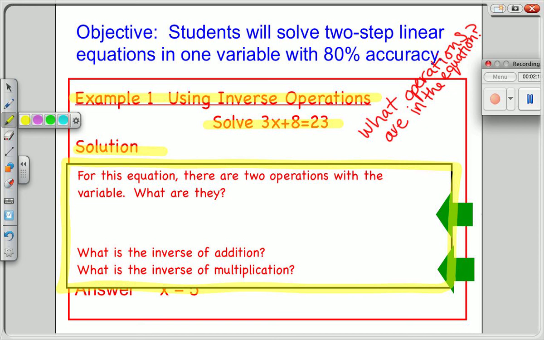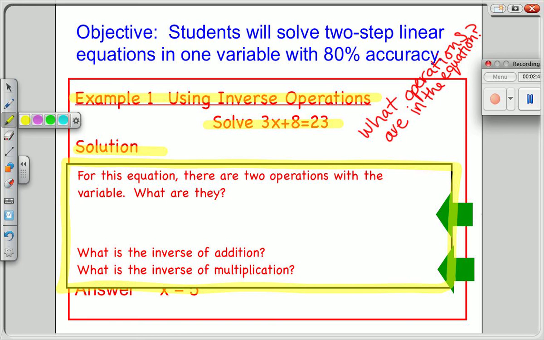So let's look at this. 3x plus 8 equals 23. What operations do I have there? So let me read it a different way. Instead of 3x, I'm going to tell you exactly what it means. 3 times x plus 8 equals 23. So what two operations do we have here? 3 times x means, hopefully you said multiply, and you have an addition symbol, so hopefully you said addition.